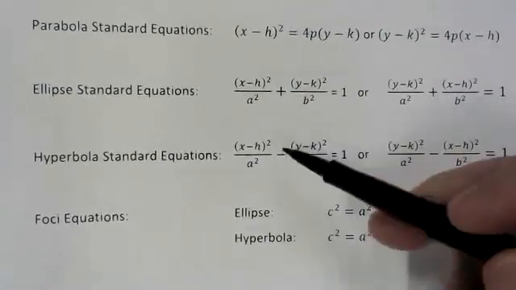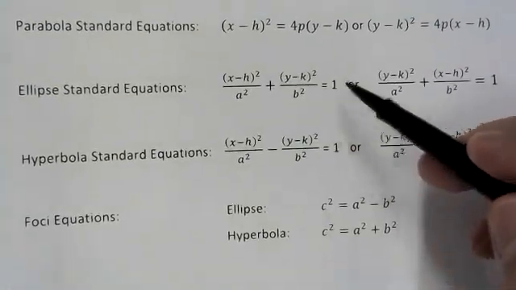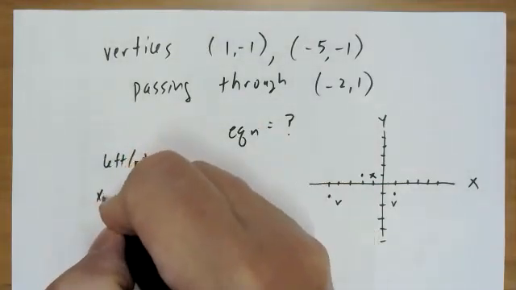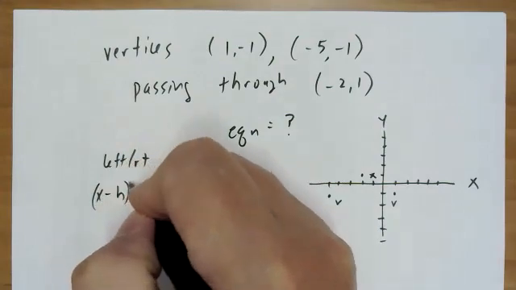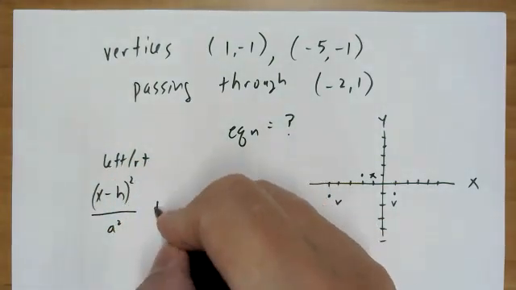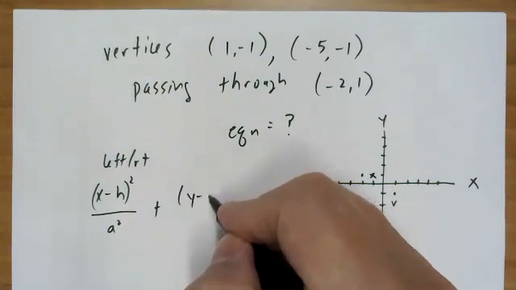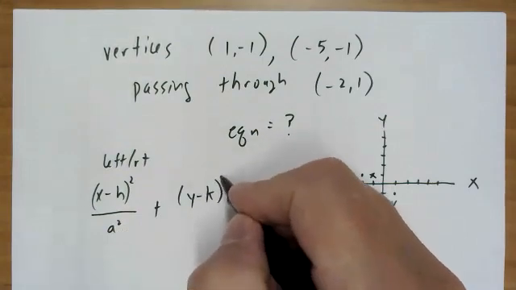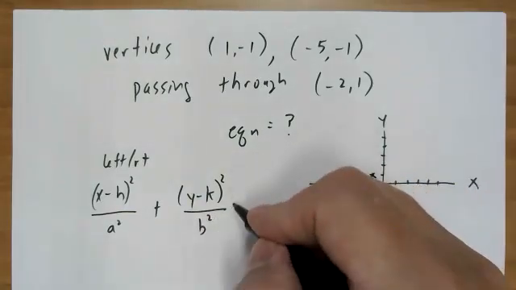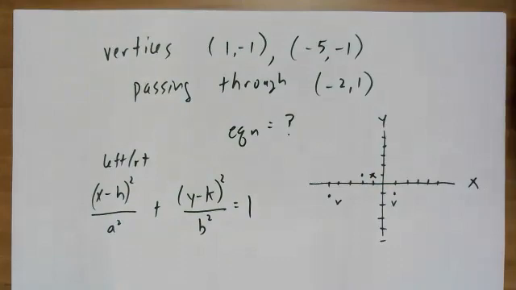Once again, this is where this comes in handy, and this is the equation for the left or right ellipse. X minus h quantity squared over a squared plus y minus k quantity squared over b squared equals 1.